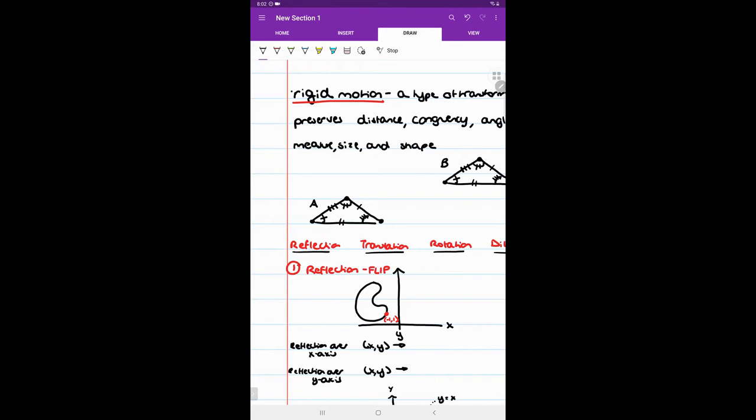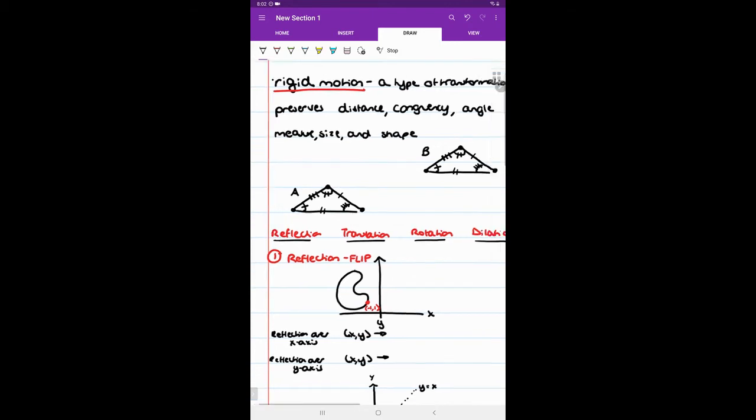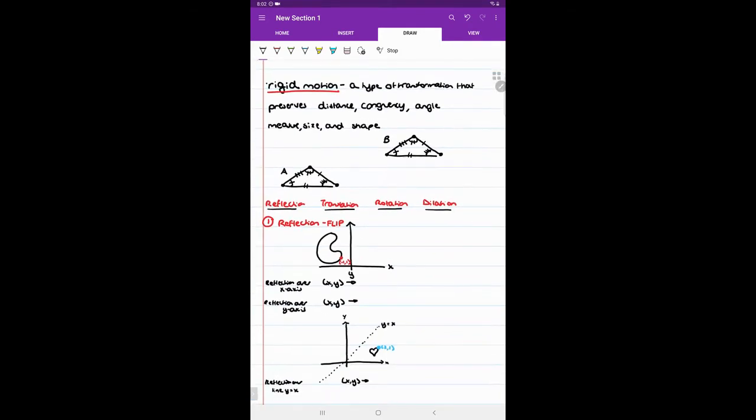So even though we're talking about transformational geometry, which is like any transformation, rigid motion is a subset of these transformations.